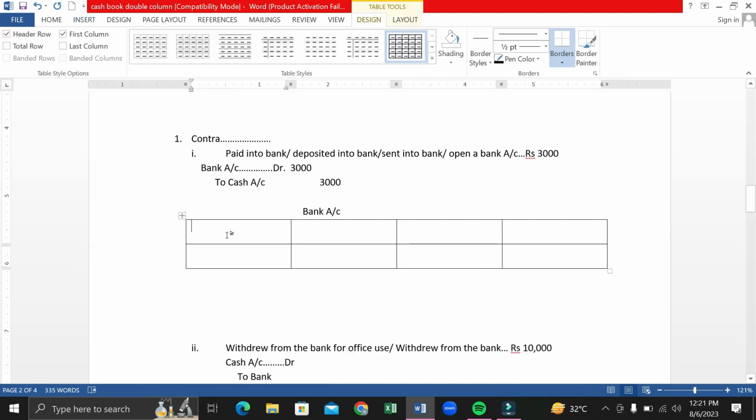I am taking a very simple concept. This is particulars as well as amount, in terms of rupees. On the other hand, again particulars and amount.